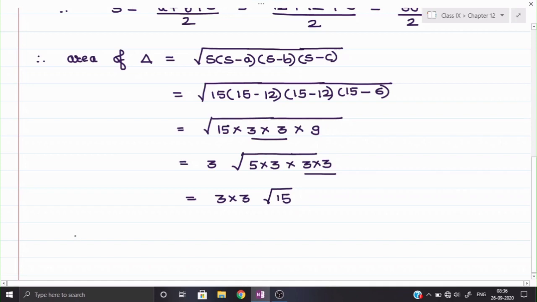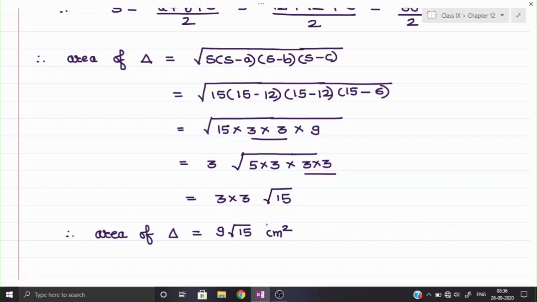So we can say that the area of the triangle is equal to 9 under root of 15 centimeter square. If you can find the value of under root of 15 up to one place of decimal, then find it and multiply by 9 to get the area in decimal.